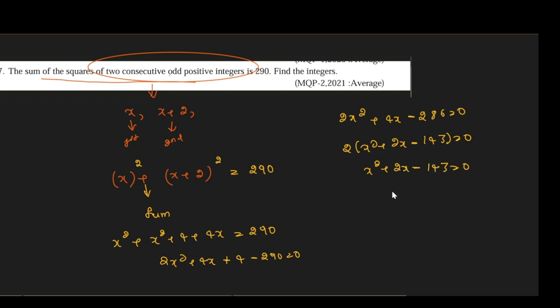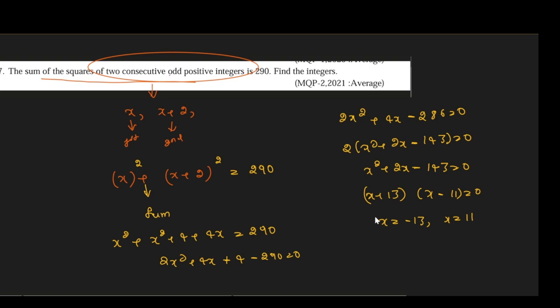We can solve this using splitting the middle term or else the formula also. Now I am directly writing the answer. X plus 13 into x minus 11 is equal to 0. X is equal to minus 13 and x is equal to 11. I have used the splitting the middle term concept.